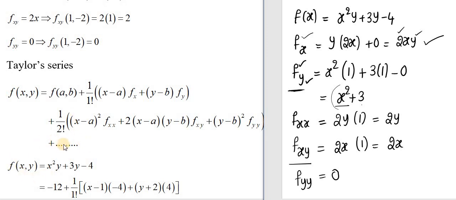So that means we can write third order partial derivatives here. Next fourth order partial derivatives continuously. So here we are stopping up to second order partial derivatives.